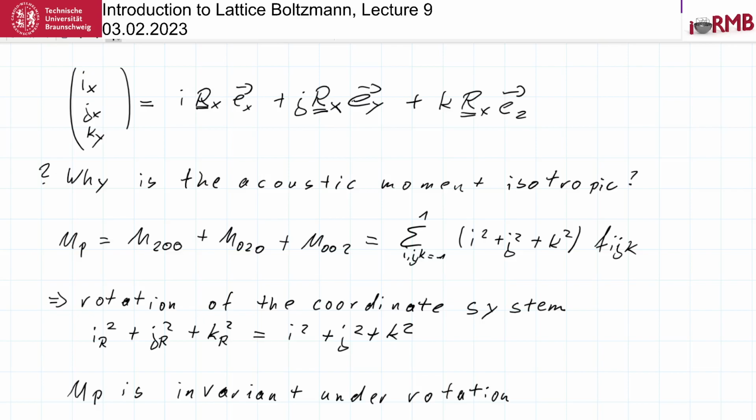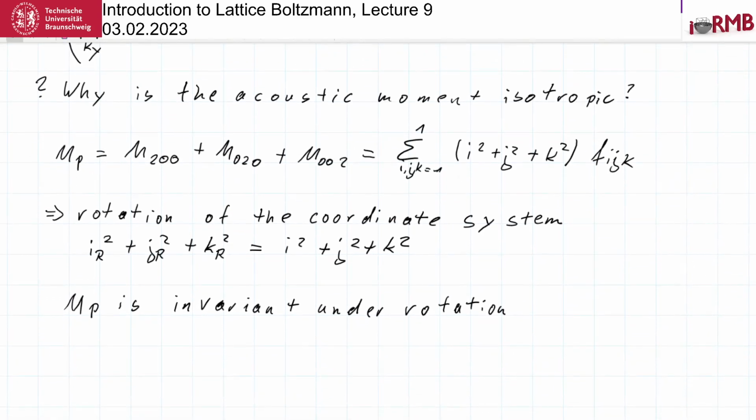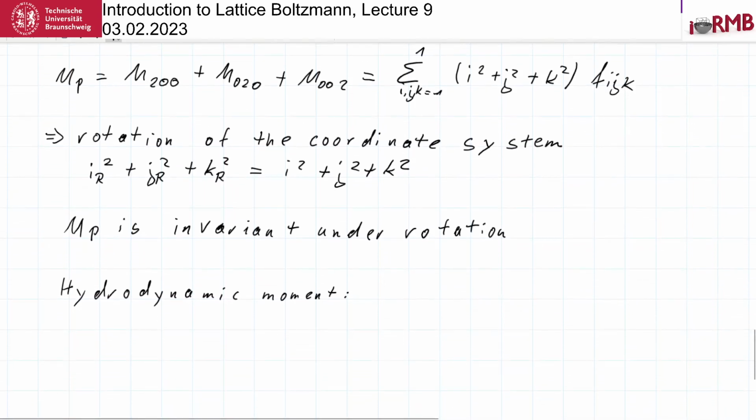Okay, so this can be separated out, and the same thing is not true for the hydrodynamic moment, where we look at some specifics. Hydrodynamic moment. So let's look at the moment M200 minus M020.